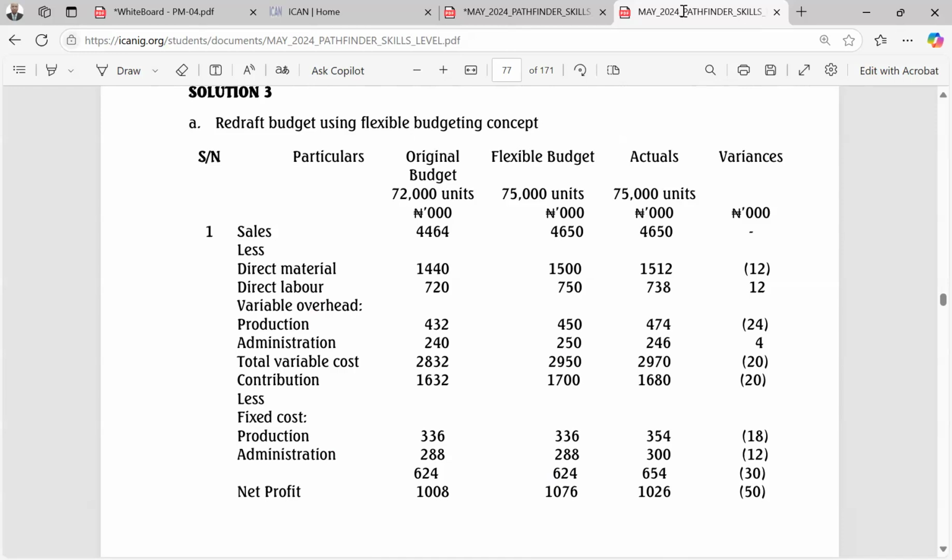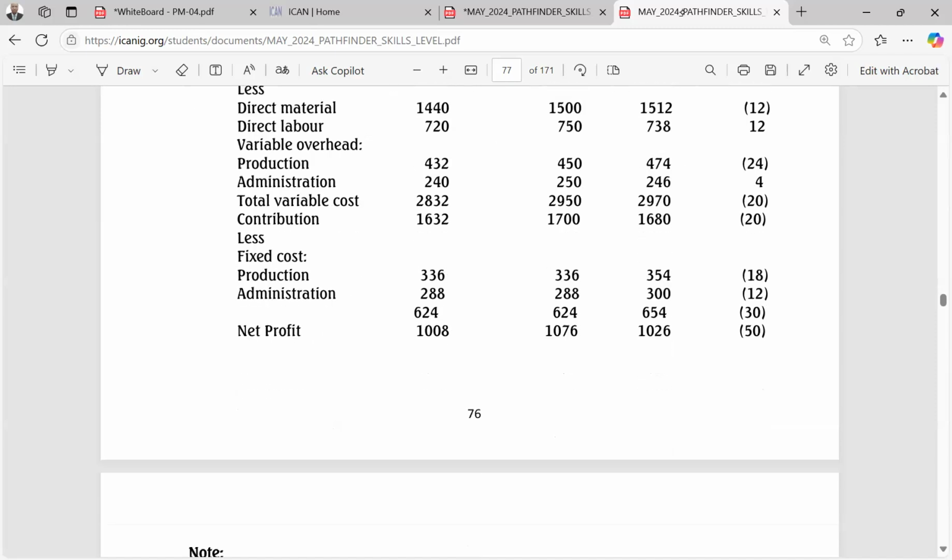They started with sales, less direct material, the same thing. They now put contribution. This is another way of doing it. Original, flexed, actuals. Started with sales. We put the sales figure, the same thing we got. Direct material, direct labor, the same figures we had. And your net profit happens to be 50 minus. So that's it.